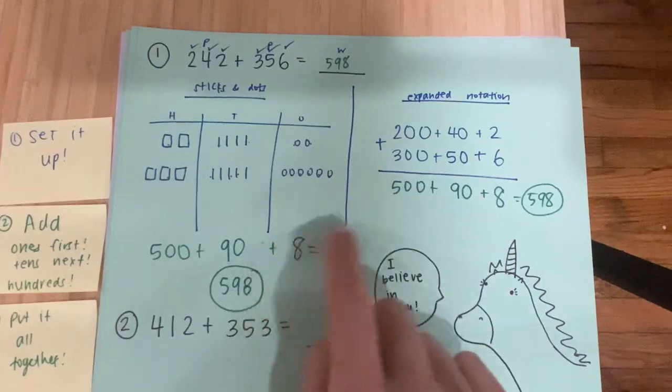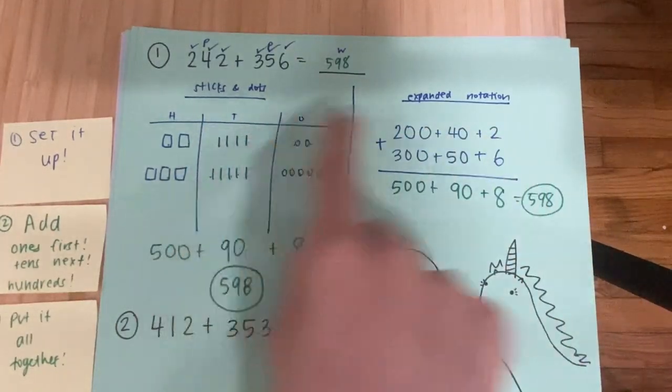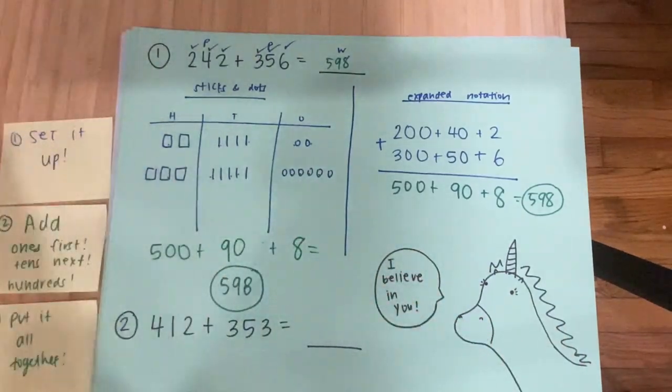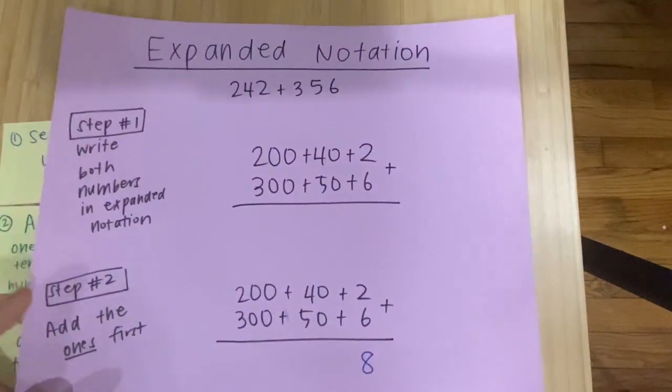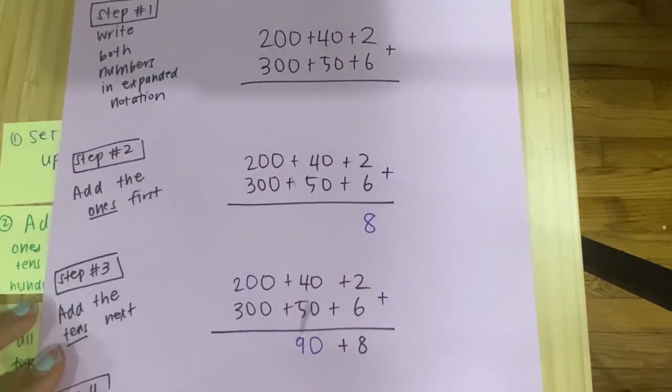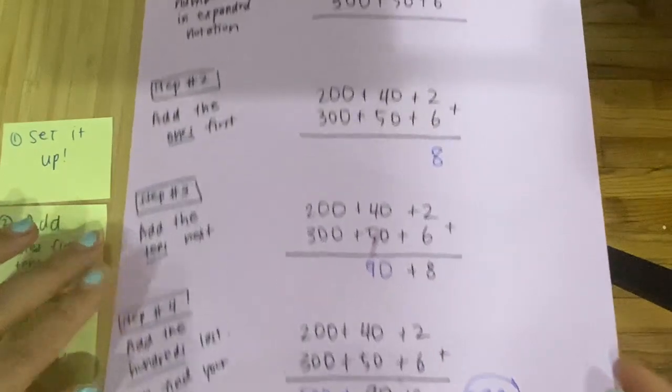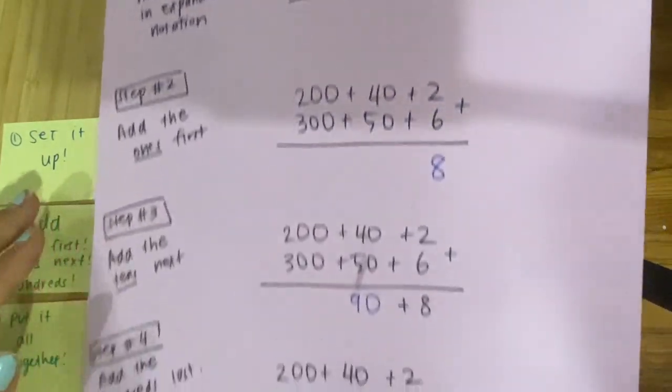But both ways, we still add the ones first, then we add the tens, then we add the hundreds, okay? Miss Kim provided this visual in your Google Classroom, so you can download this picture if you need it for yourself, okay?